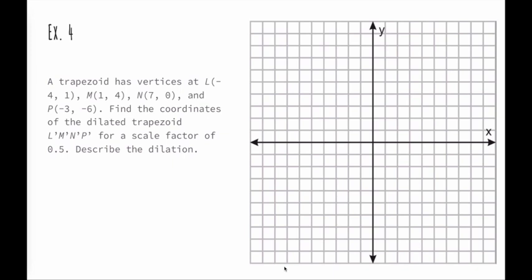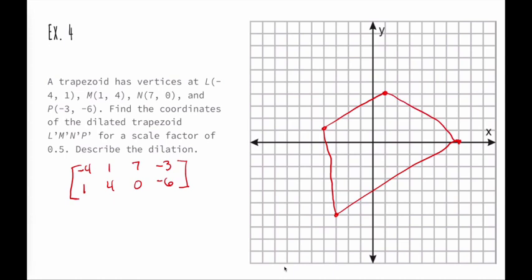So a trapezoid has vertices at (-4, 1), (1, 4), (7, 0), and (-3, -6). And hey, we'll go ahead and graph that. So here is the trapezoid.